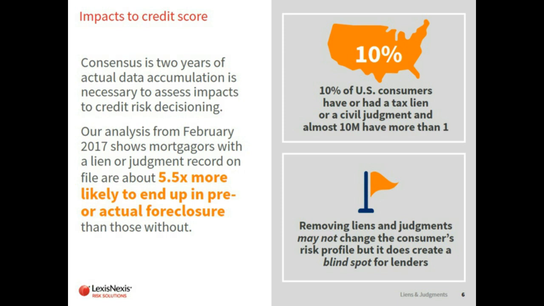So what you can see from that analysis is there is a high correlation of that lien and judgment record to loan performance. That even though from a credit scoring perspective, it may not have a significant impact and doesn't materially affect the manual underwriting, there is an aspect to it in terms of loan performance that has not been really understood until we go through that 2-year period.